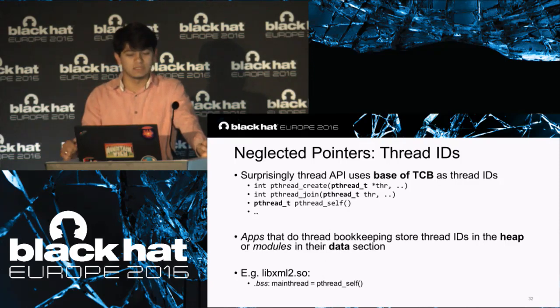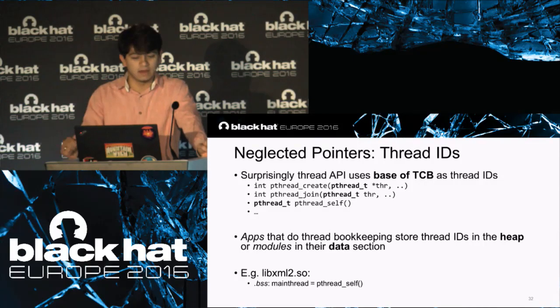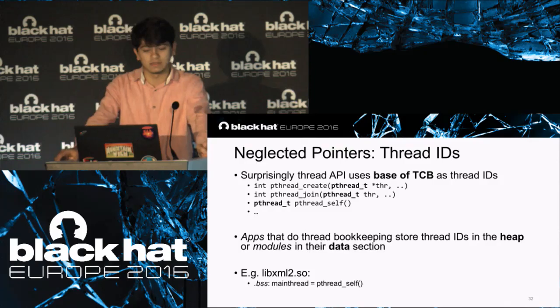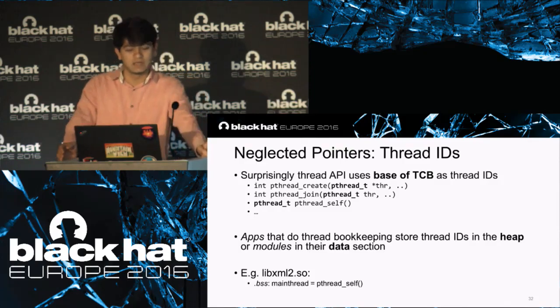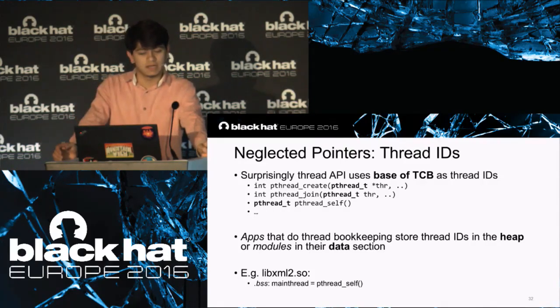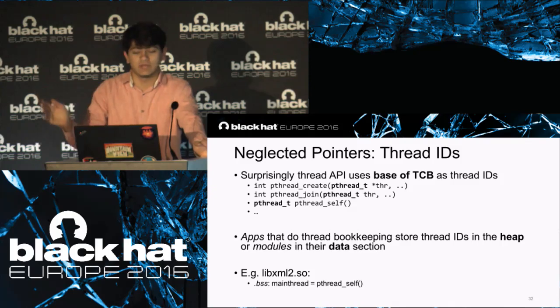Another interesting one is the thread IDs. The pthread API, the API for creating and managing threads, uses a thread ID, the pthread_t type, but this type is not just some number that indicates the nth thread.